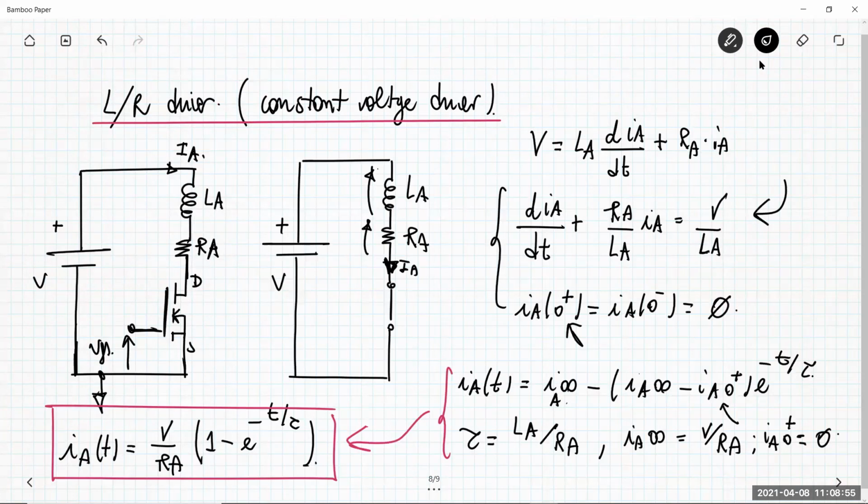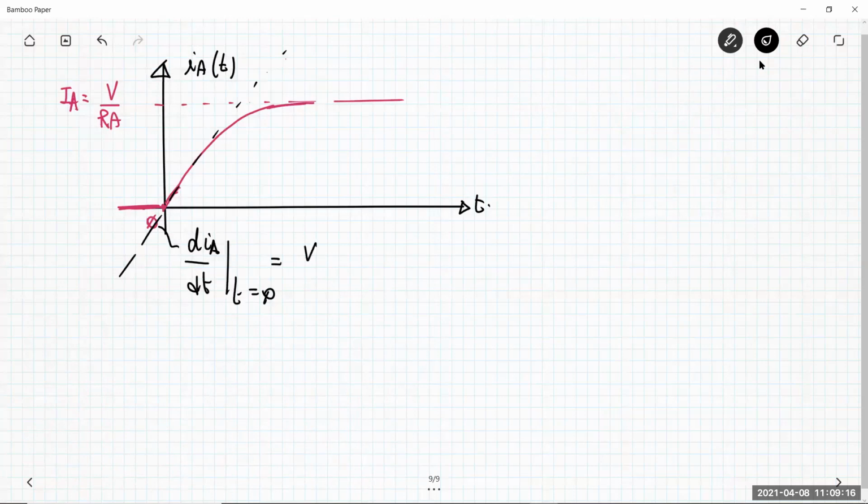Evaluating this expression for t equal to 0, this part is null, because IA, the current at time instant 0, is null. So this is only V over LA.